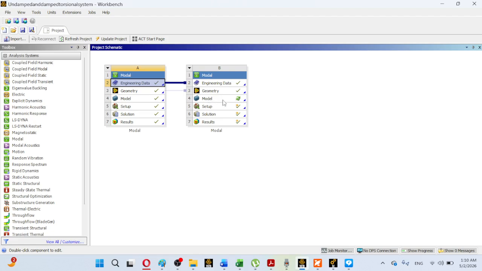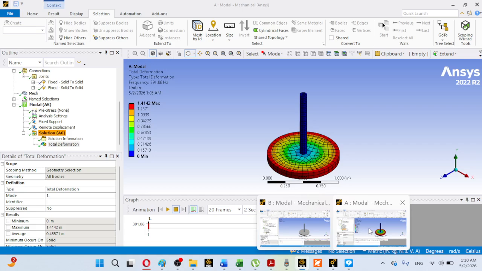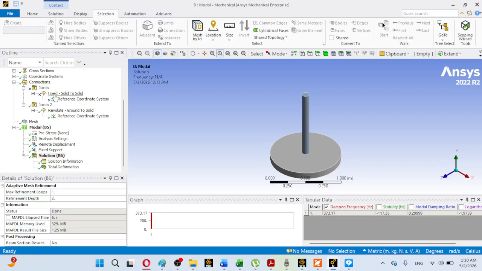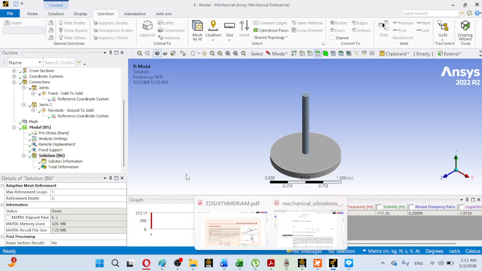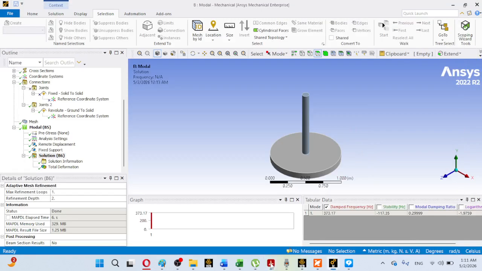Furthermore, you will be clicking on this model cell B4, and after that you can observe what I have done: this previous joint that was for the undamped system, the fixed joint between this face and the lower face of this shaft, has been suppressed. The important point here is how the damping effect will be added, because previously we had demonstrated the undamped system, but for the current case it is very important how the damping effect will be introduced.